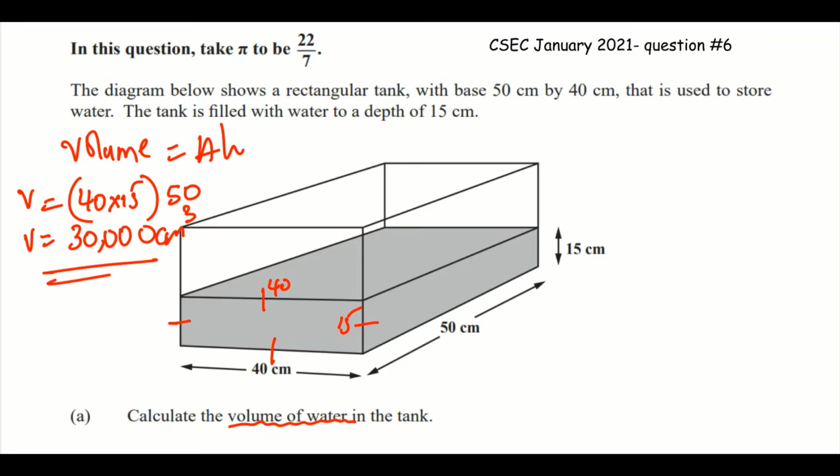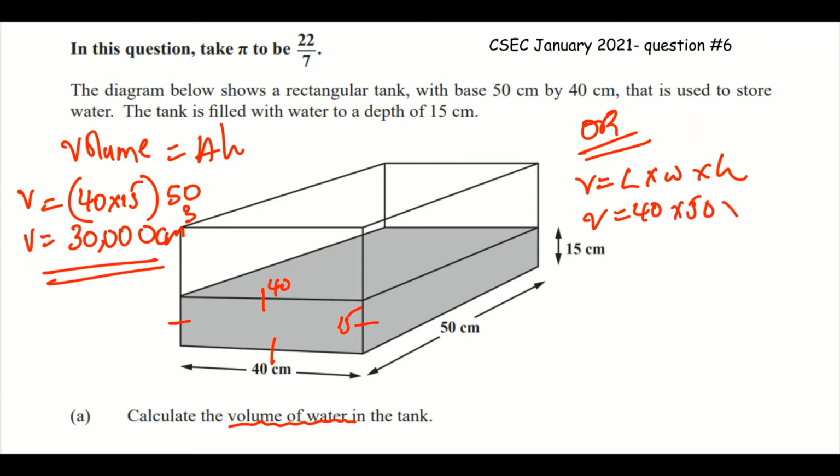And that's the volume. Or, without even the formula sheet, we know the regular volume: length times width times height. So that would be 40 times 50 times 15. And we get our volume to be 30,000 centimeter cube.